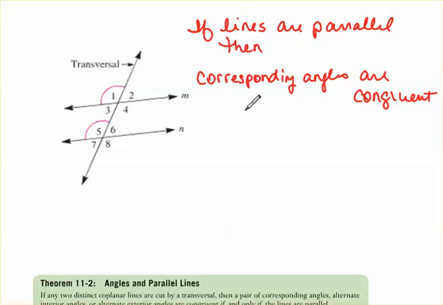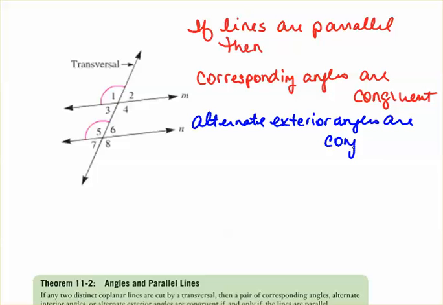Also, alternate exterior angles are congruent. So remember, alternate exterior would mean like angle 2 and angle 7 on the outside of the two parallel lines and also on opposite sides or alternating sides of the transversal.